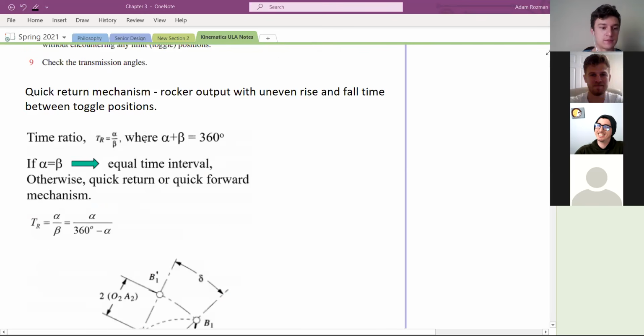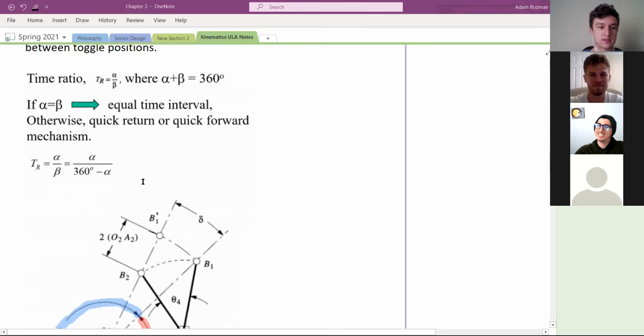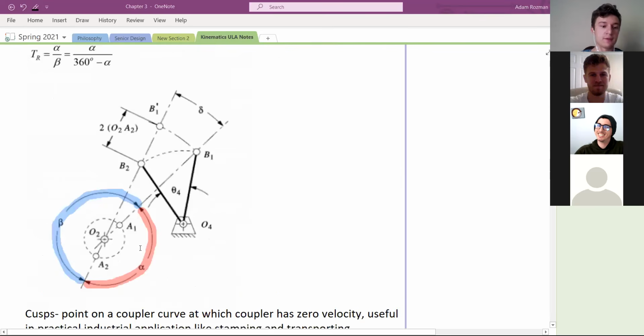So we define the time ratio as alpha over beta. Like I said, instead of drawing it out normal like that, you're drawing the connecting rod out at an angle.